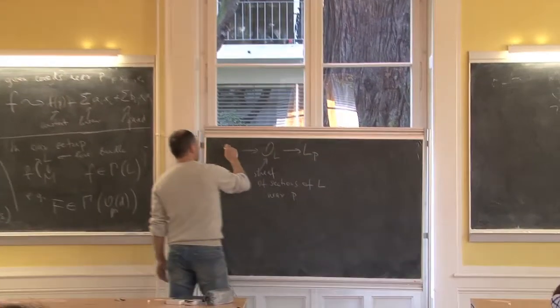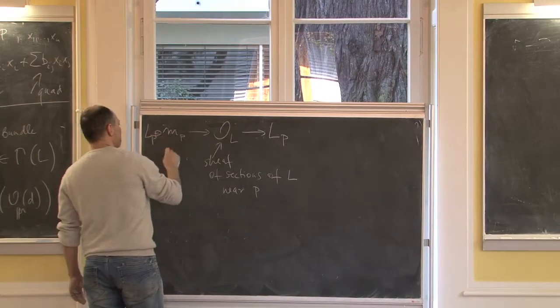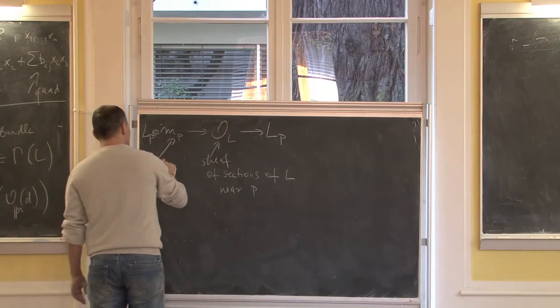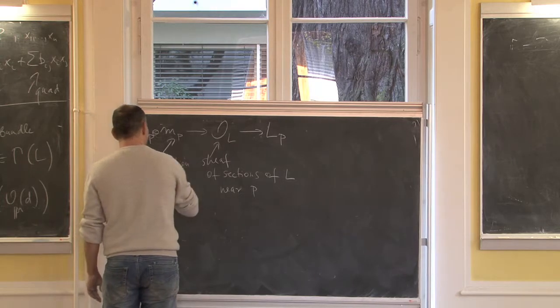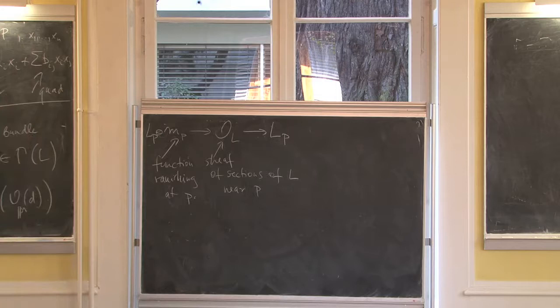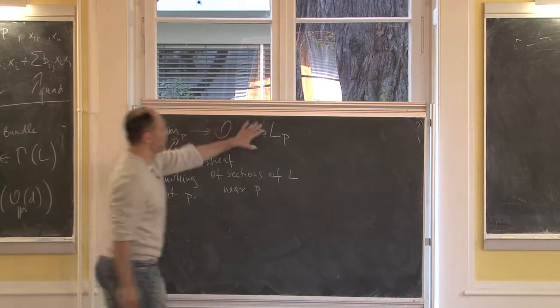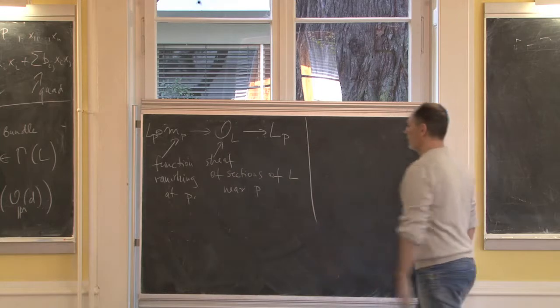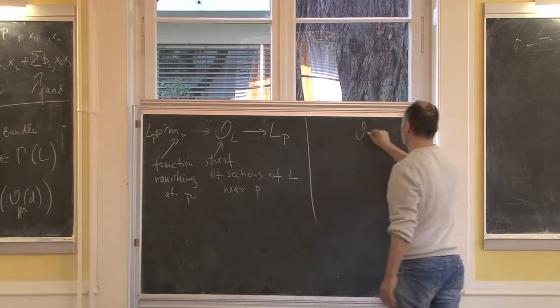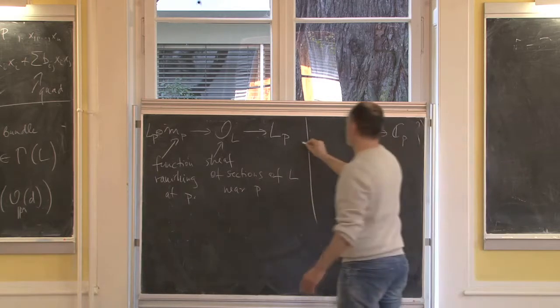In general, you can look at M_P tensor L_P, where these are the functions vanishing at P. What is really well defined is the function vanishing at P. If you don't want this L, we can just think locally without L, where L is trivial.